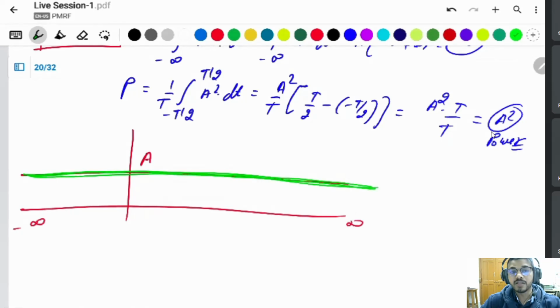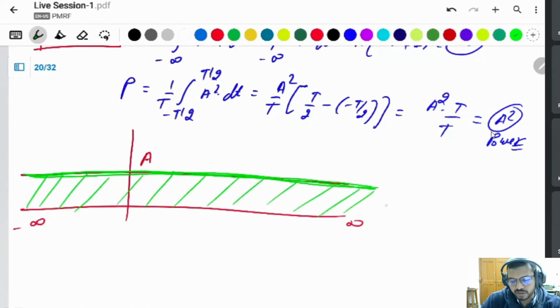If you calculate energy for the whole, it means the area of this curve is directly infinity, because this goes to infinity. Then the area under this curve is definitely infinity. There is no need to calculate for the constant.